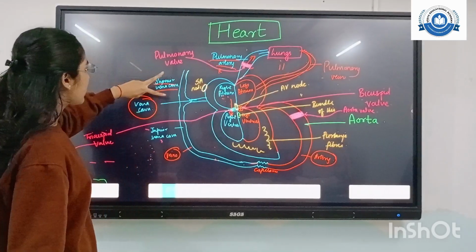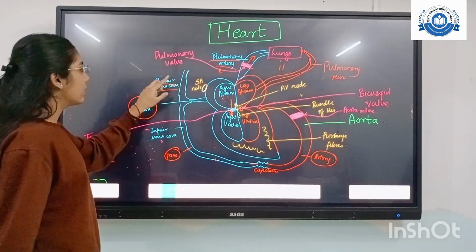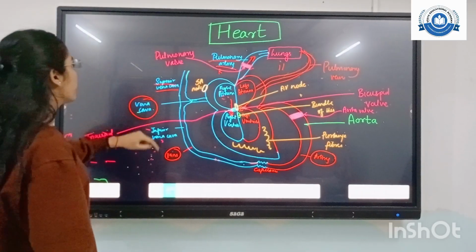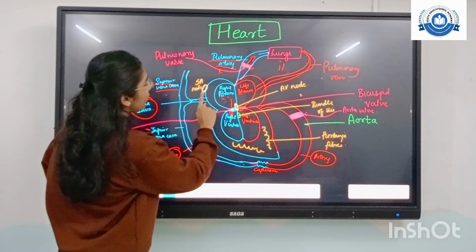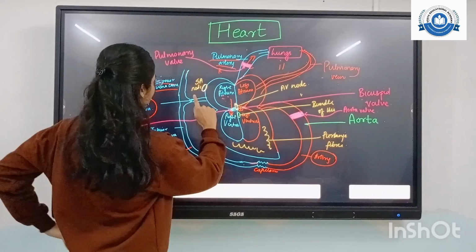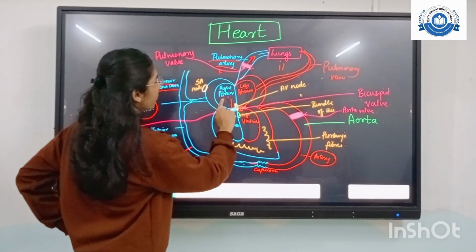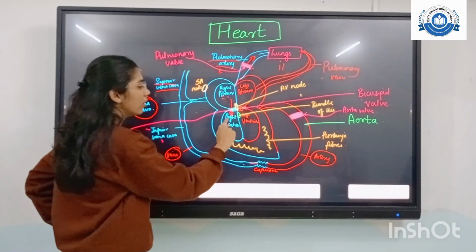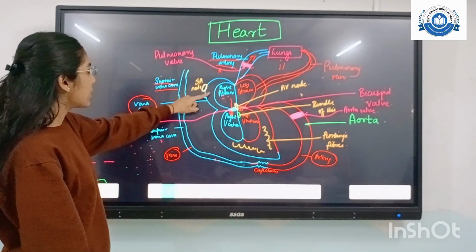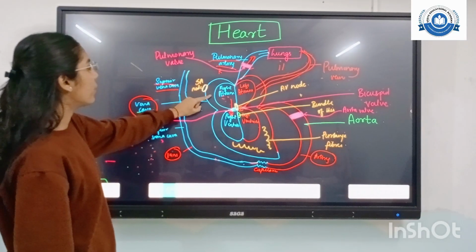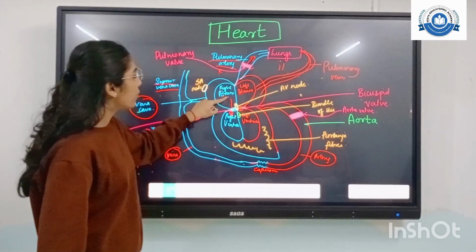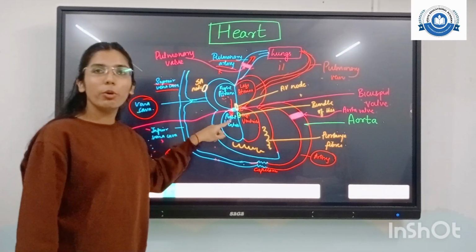These two veins join at one place, which is called the vena cava. From this vena cava, it enters into the right atrium. When it enters into the right atrium, it then goes into the right ventricle. So this deoxygenated blood first enters the right atrium, then from there it goes into the right ventricle.